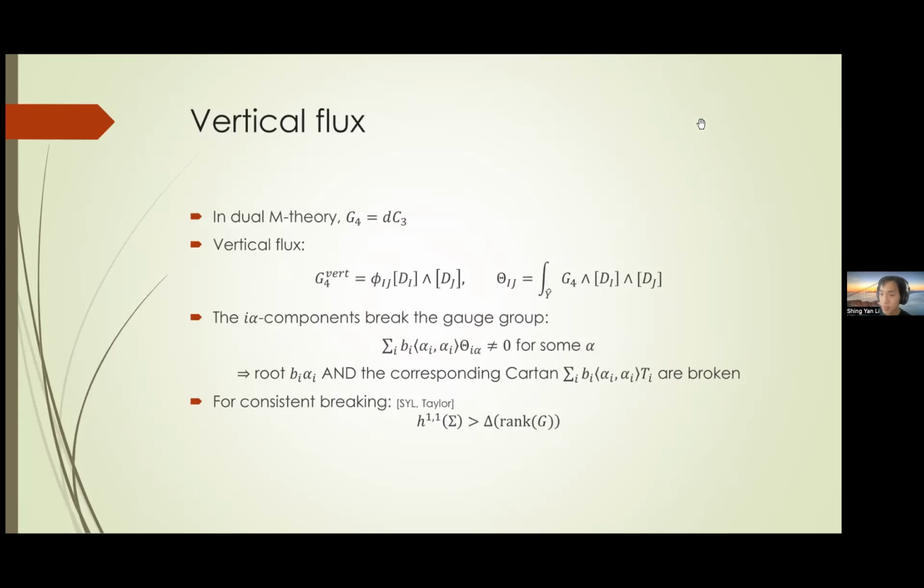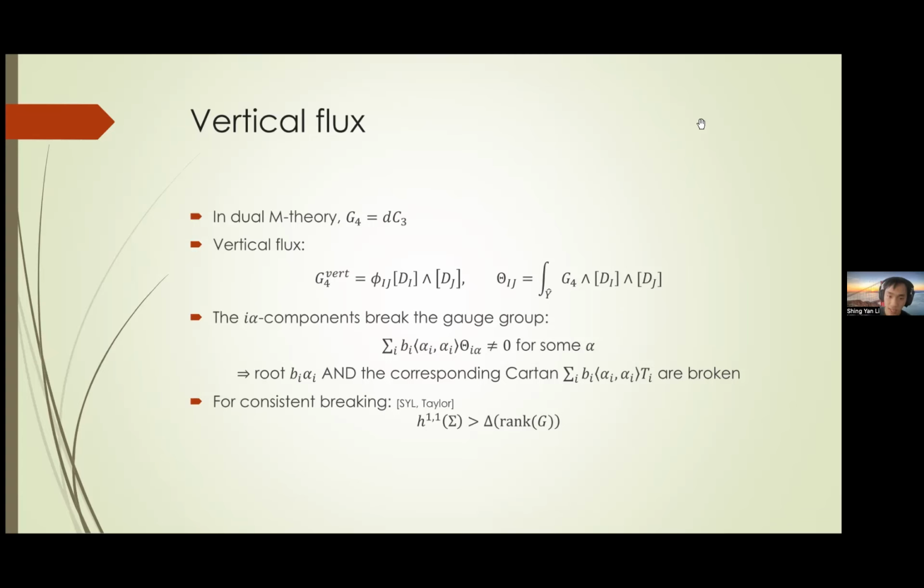Now, in specifying the geometry, we also need to add flux. The flux is best understood in the dual M-theory picture, where we have a 3-form potential and its derivative is a 4-form flux. In particular, we need a type of flux called vertical flux. That vertical flux can be expressed as products of two (1,1)-forms, and those (1,1)-forms are also Poincaré duals of the divisors.